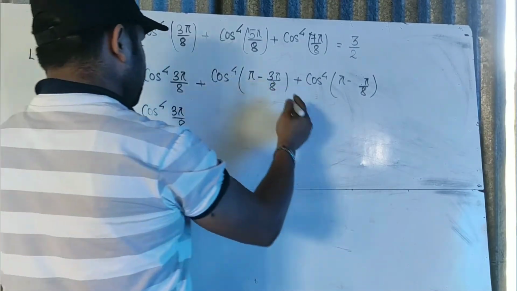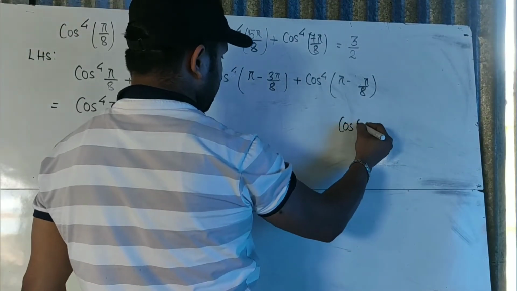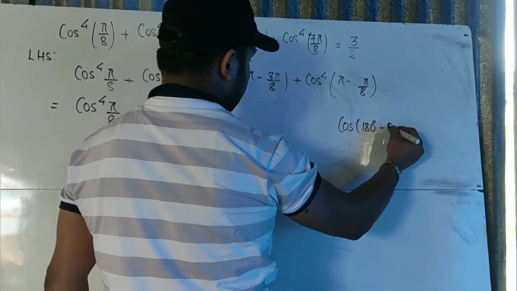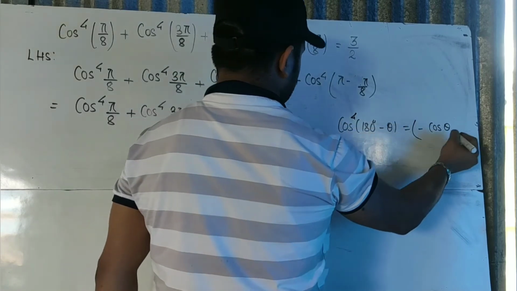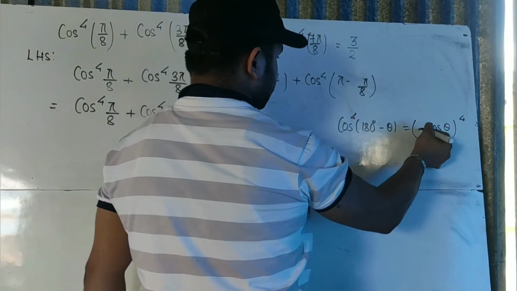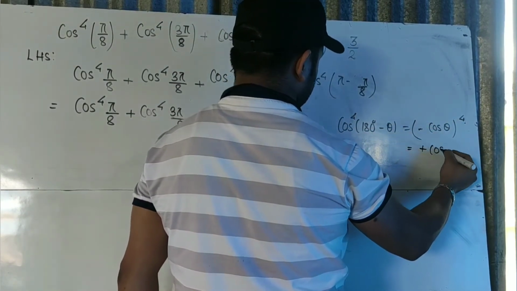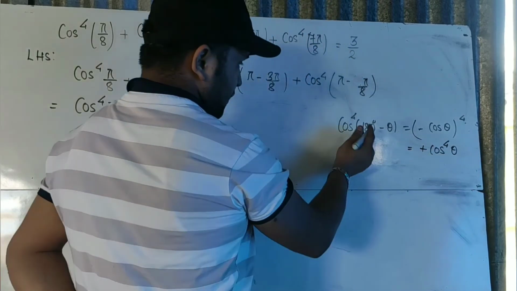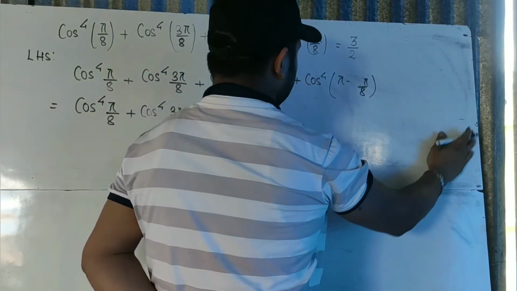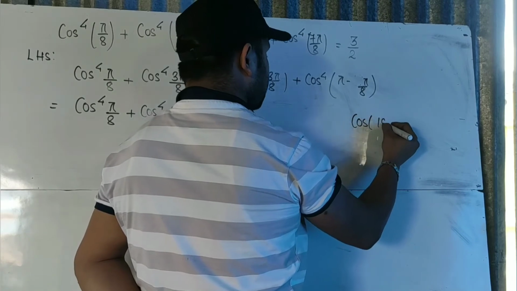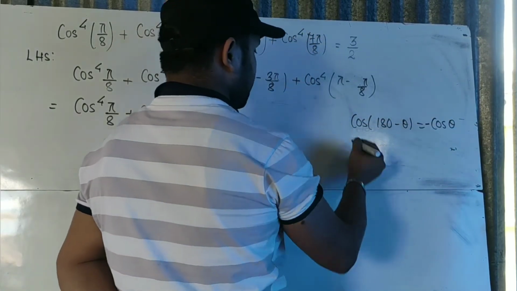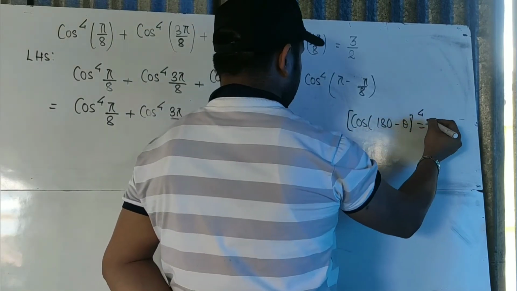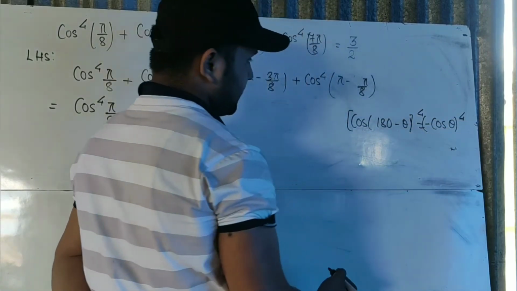Now this is cos 180 to the power 4. First of all, cos 180 minus theta gives you minus cos theta. But if you have power 4 here, you also have power 4 on the other side. Now minus to the power 4 gives you plus. If you have cos 180 minus theta, then the answer will be minus cos theta. But if you give power 4, you also need to give the other side power 4.